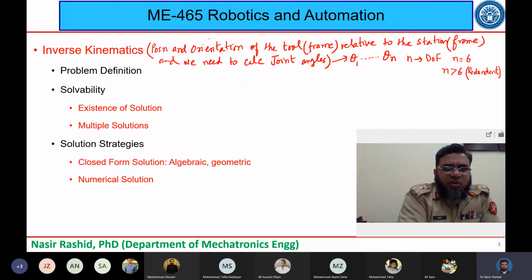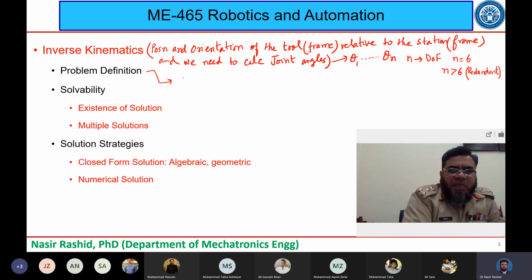So what would we be required to do while dealing with the problem of inverse kinematics? We will be solving the problem. We are given the desired position and orientation.